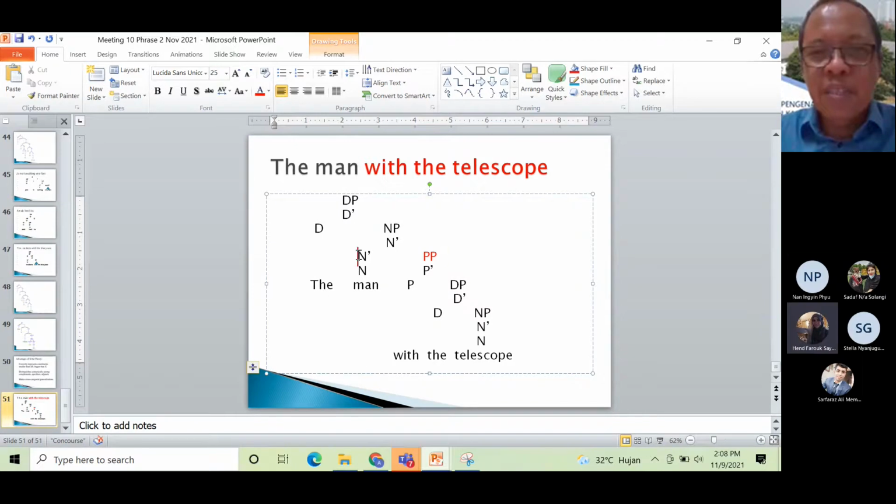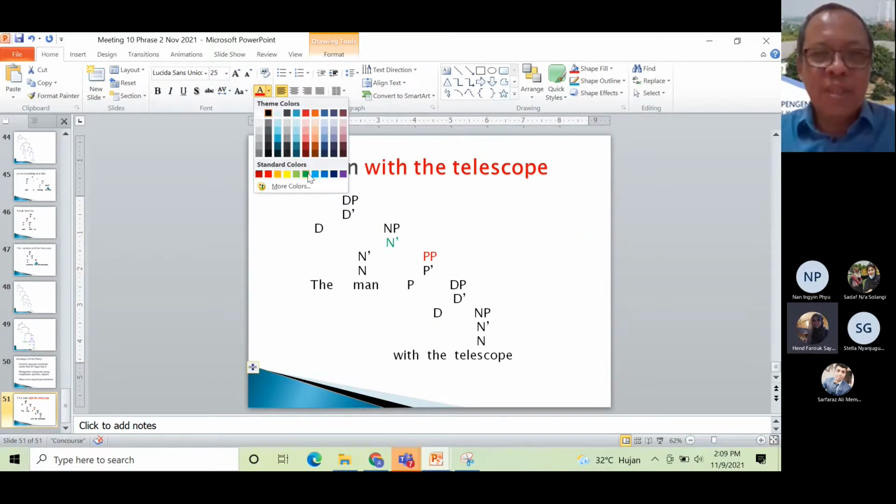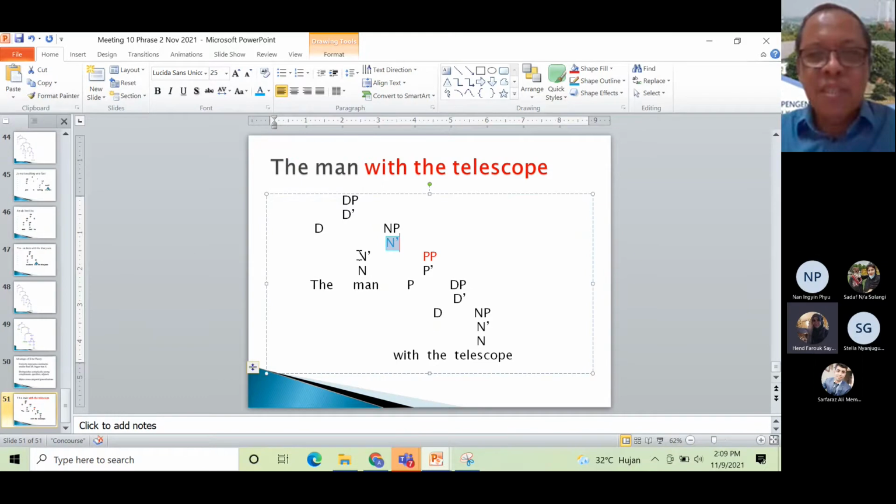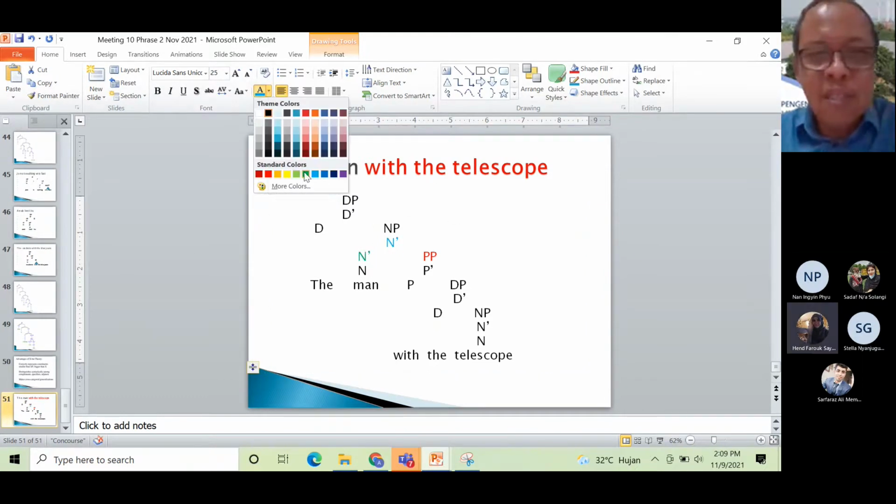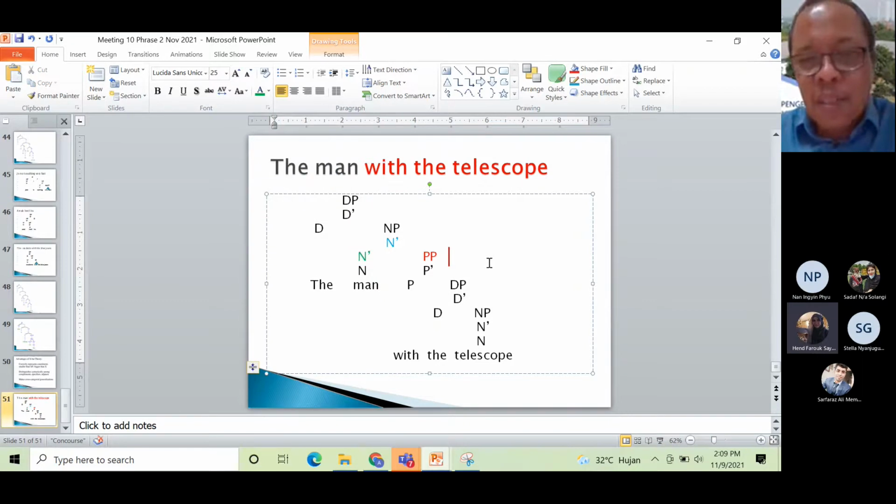Oh, the left side. Okay, can you see here? The adjunct is always close to X bar. The sister node of adjunct is X bar, and the mother node is X bar again. This is the mother node, and this is the sister node, the N bar. This is the way to check.